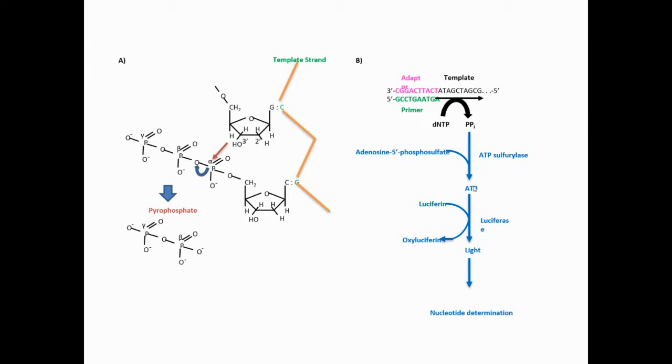And then this ATP provides the energy to perform the enzyme reaction in the presence of luciferase, turning the luciferin into oxyluciferin and releasing light, so that the detector will be able to detect the luminescence, and then they know the nucleotide is added to the sequence. All right, so that's pyrosequencing.